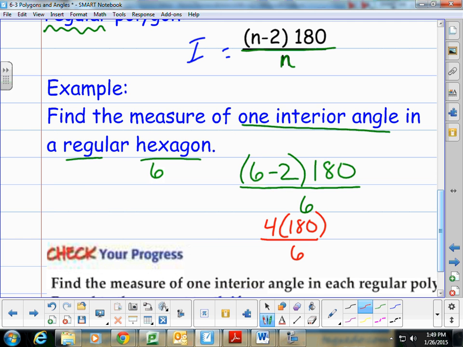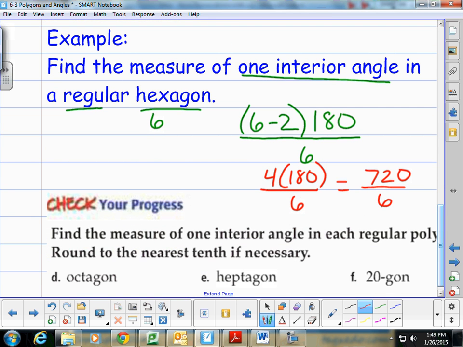We still have some work to do on the top. So we do 4 times 180, and we get 720, but then we have to divide by 6. The sum of all of them is 720, and if they're all the same, we can divide evenly by 6 for one interior measure, which is 120 degrees.